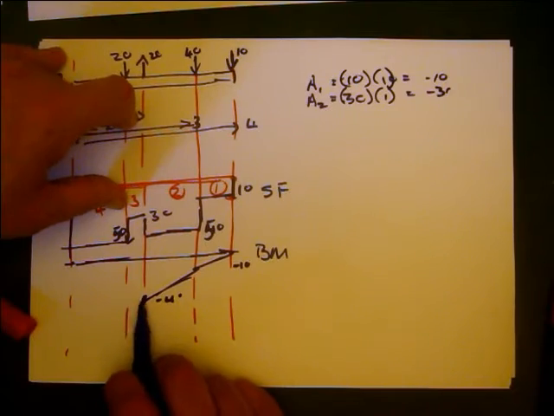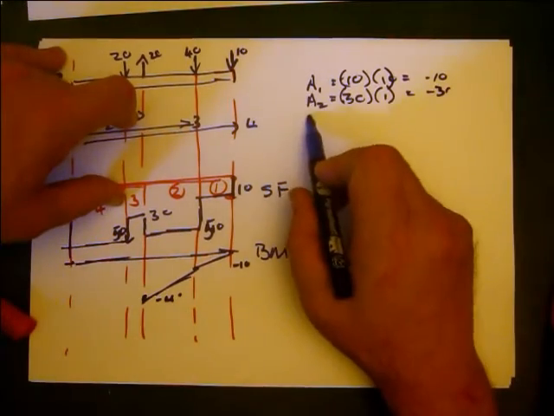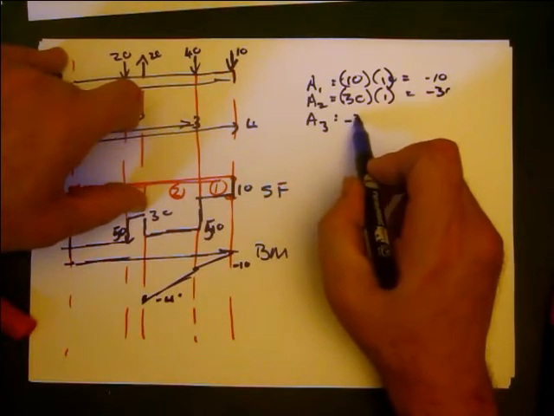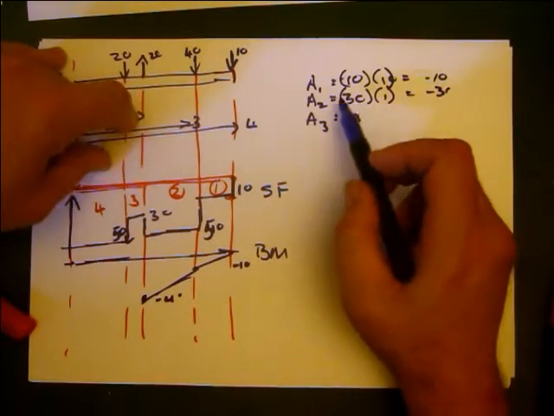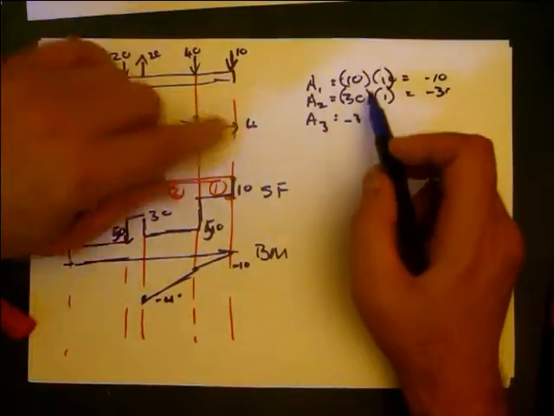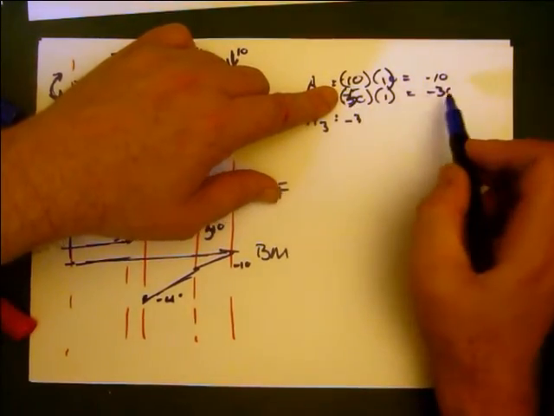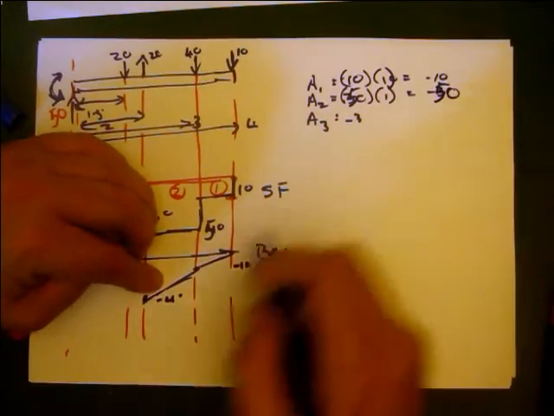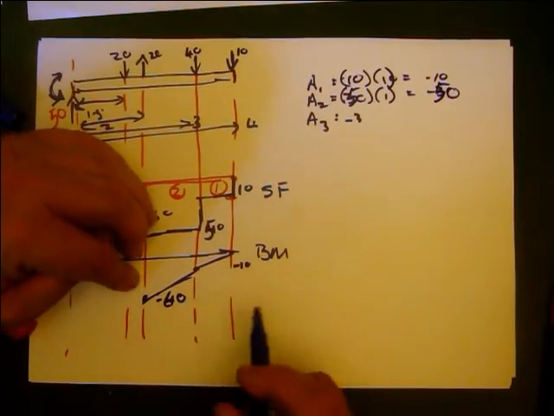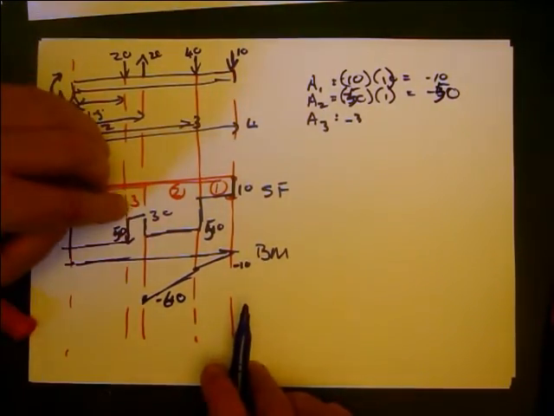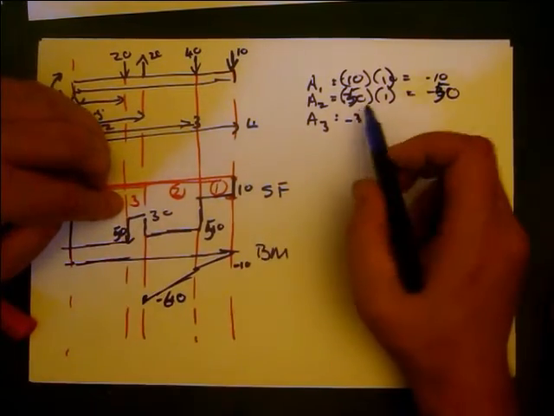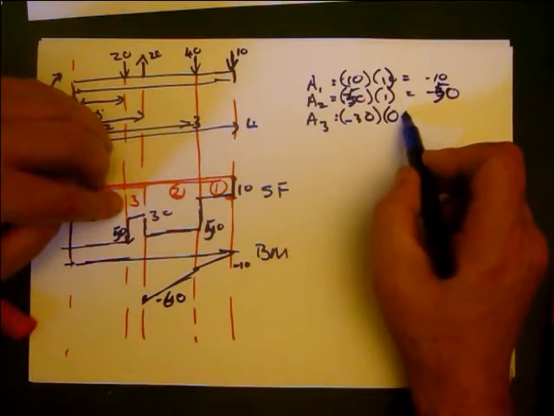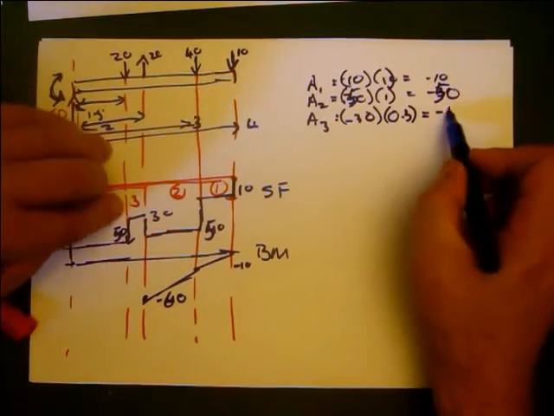We then go back a bit. Area 3 is equal to negative, that's negative 50, isn't it? Sorry, that's negative 60. Oops, my bad. This area here is equal to negative 30 times 0.5, which is negative 15.